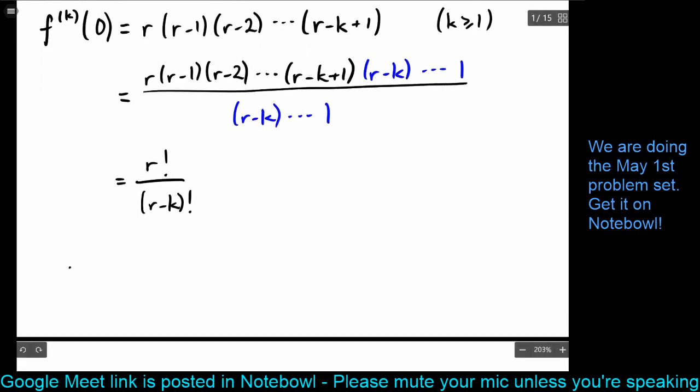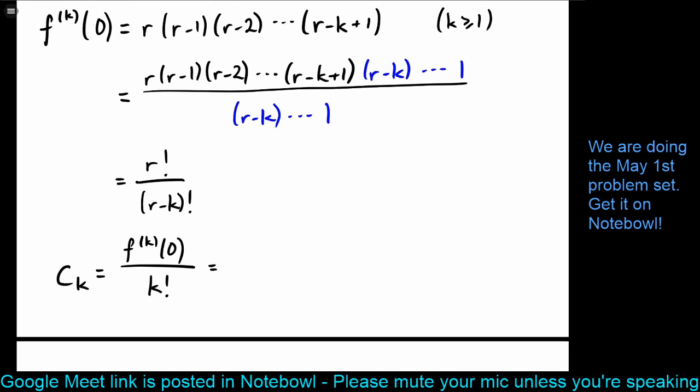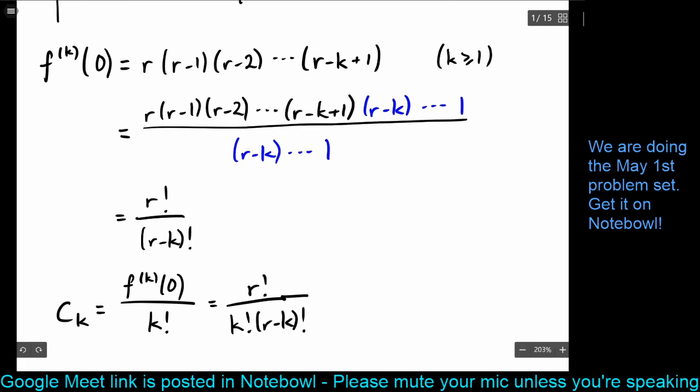So then c_k, remember this is f_k of 0 over k factorial. This turns into r factorial over k factorial times r minus k factorial. Right?